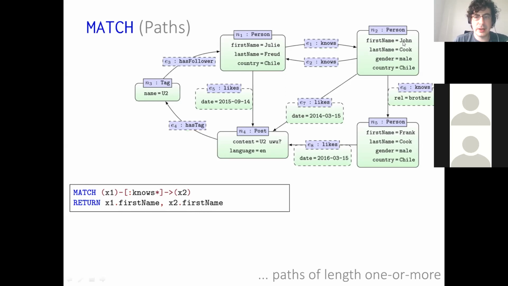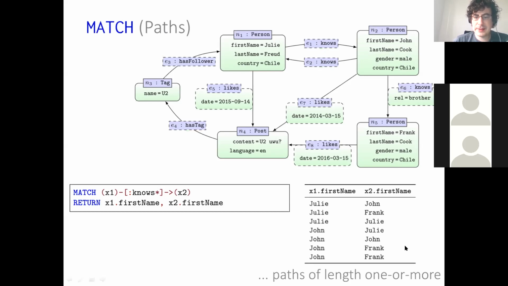John knows Julie, so John Julie would be a result. John knows Julie knows John, without using the same edge again, so John John would be a result. John knows Frank, that's another result. And John knows Julie knows John knows Frank. We would expect John Frank twice.